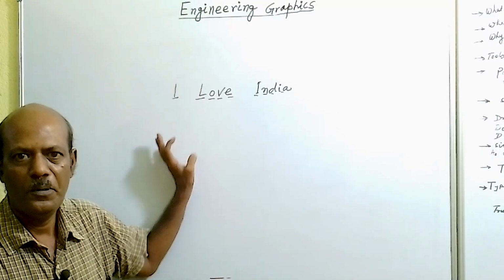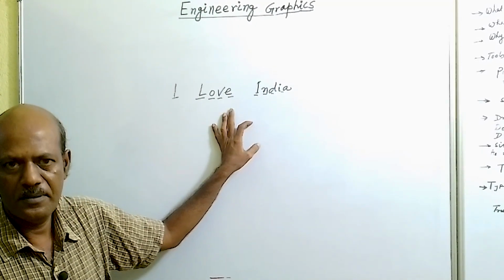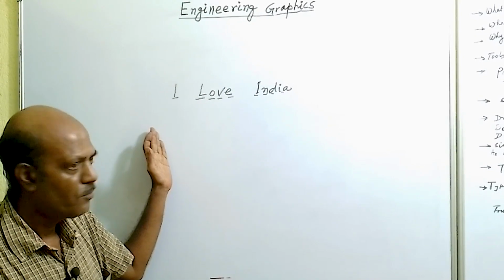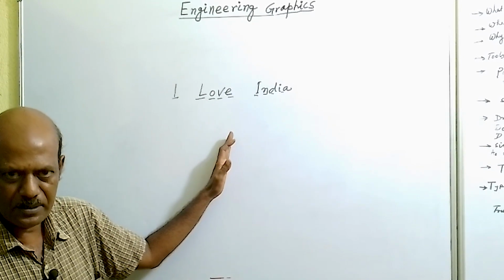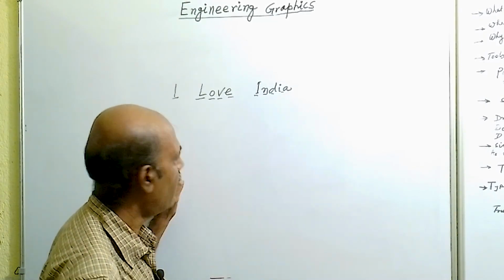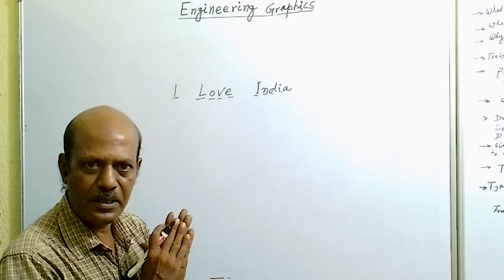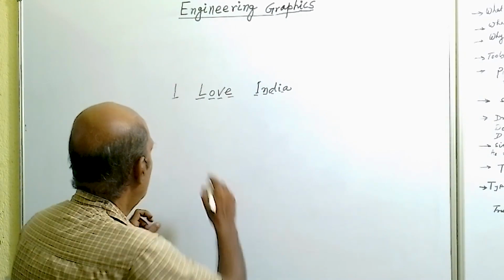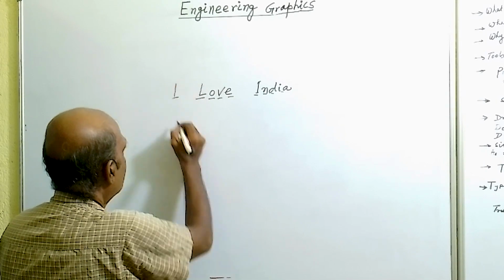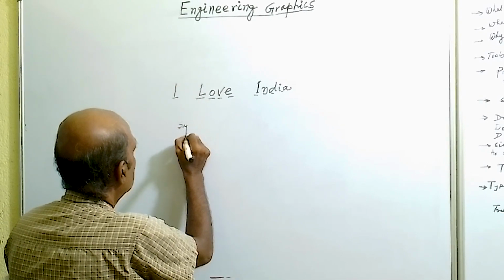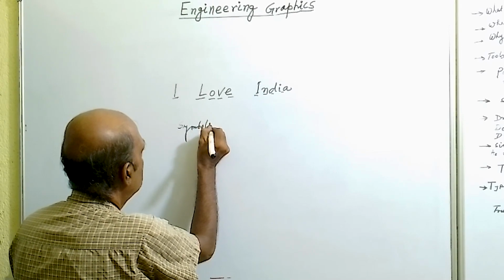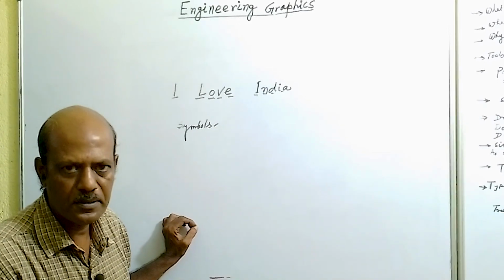So by this we are communicating something from one person to other person. So once I write this, I love India, that means I mean something. Okay? So these are nothing but the symbols of English language.